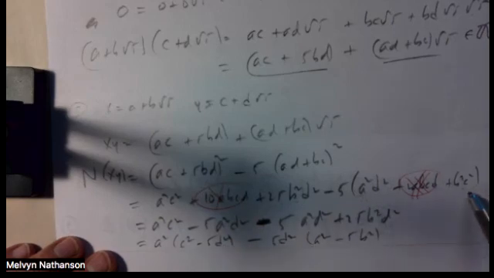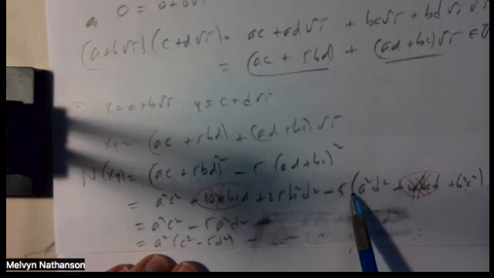And here, let's see. Look at the two remaining terms. So I get A squared C squared minus 5A squared D squared.